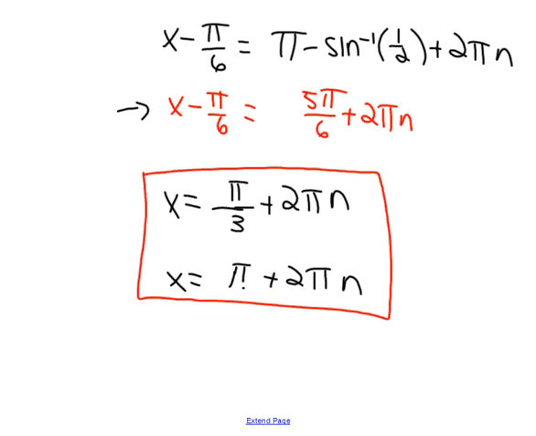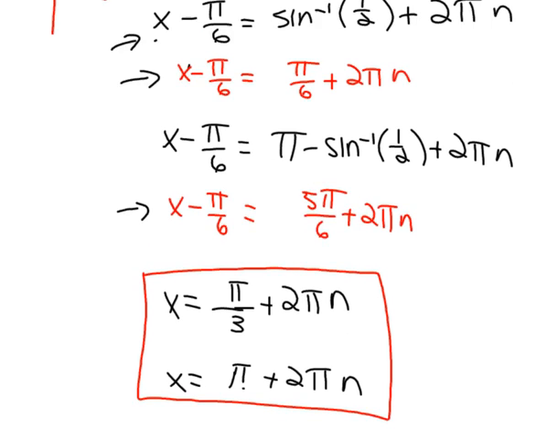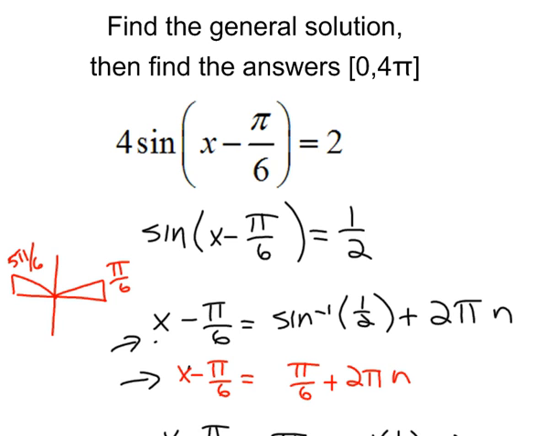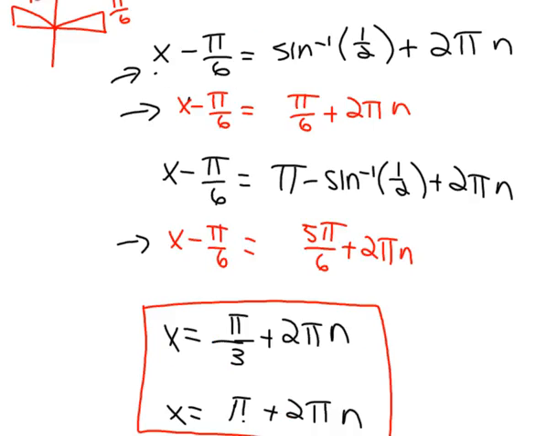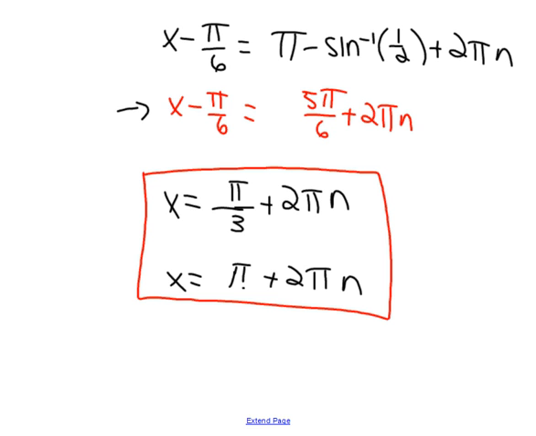And now I have to think back. Let's take a look back. What interval do I want my answers? I want all the answers from 0 to 4 pi now. So we go basically twice around our circle. My first answer is pi over 3. And then I'm going to take pi over 3 and add 2 pi. Well, I have to think about common denominators.